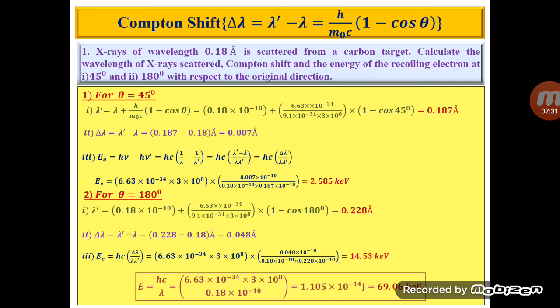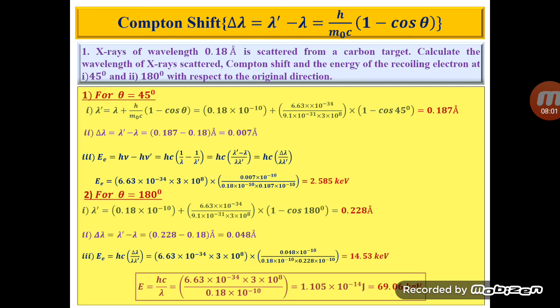And it is also observed that the value of delta lambda for theta equal to 45 degrees is 0.007 angstrom, whereas for theta equal to 180 degrees, the value of delta lambda is 0.048 angstrom. That is because, according to the expression, the Compton shift depends only on the scattering angle.